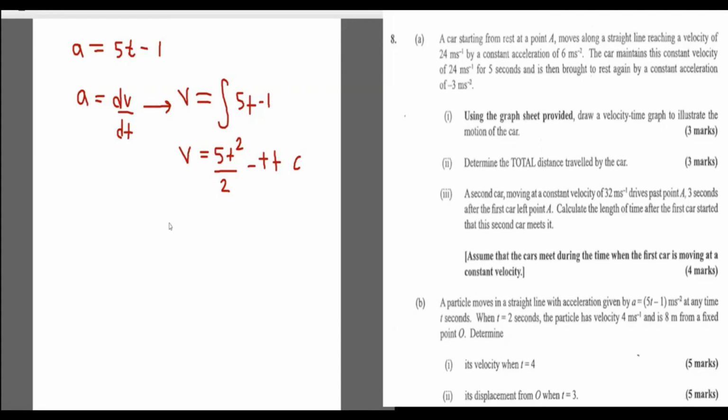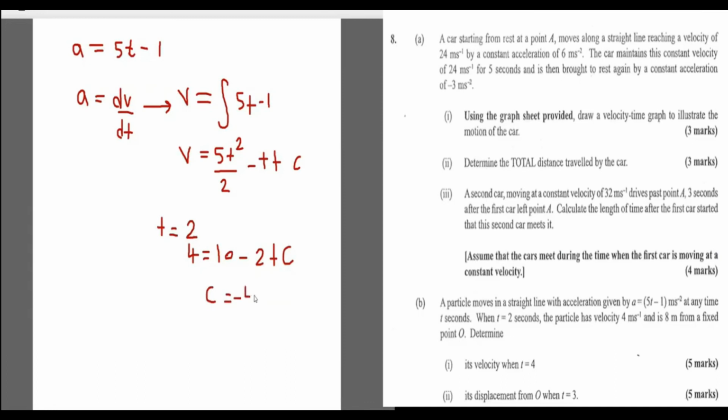So when t is equal to 2, the velocity is 4, and we can plug 2 in here. 4 is equal to 2 squared is 4, 4 times 5 is 20, 20 over 2 is 10, minus t is 2, plus c. 10 minus 2 is 8, and we bring that over, so c is negative 4.